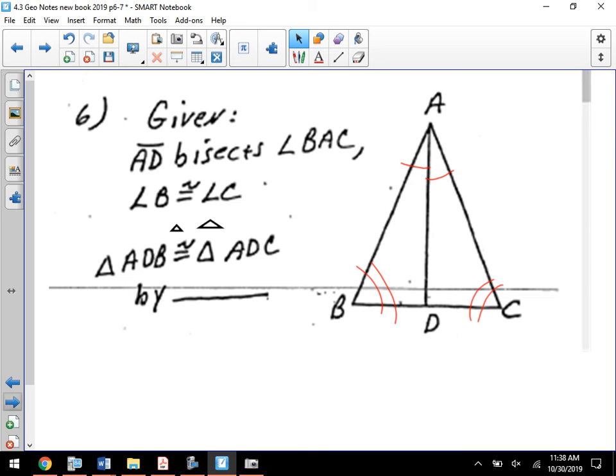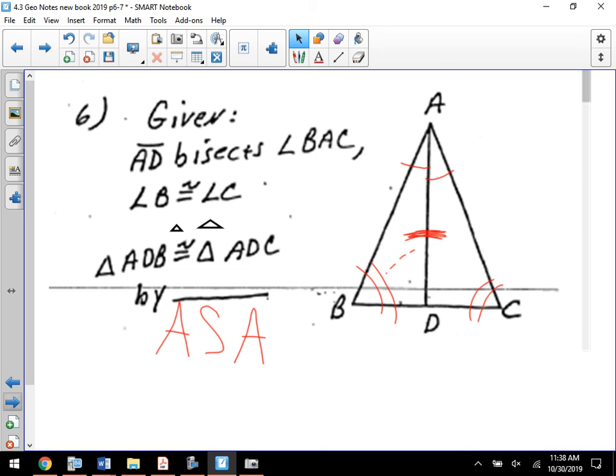Should wind up with angle angle side, because the side is not between the angles. The side is across from one of the angles. That's an easy way to tell the two apart. Okay? The side is across from one of the angles, not between, so you have angle, angle, side.